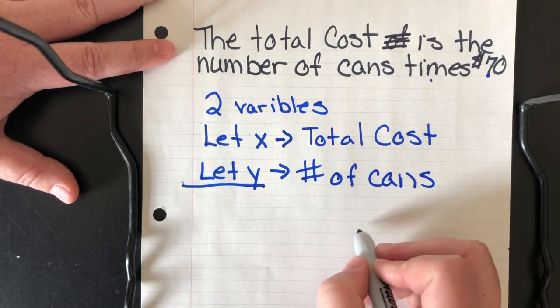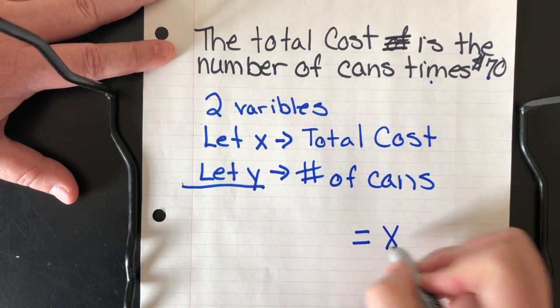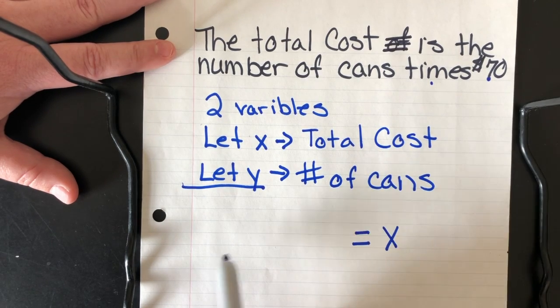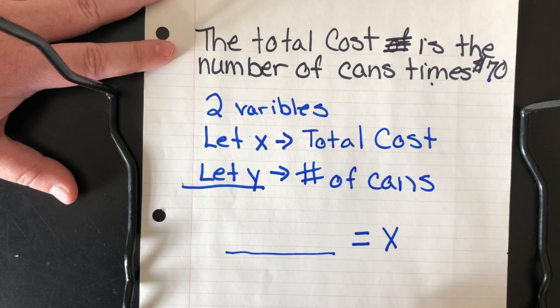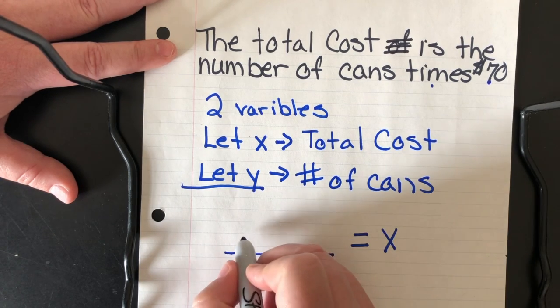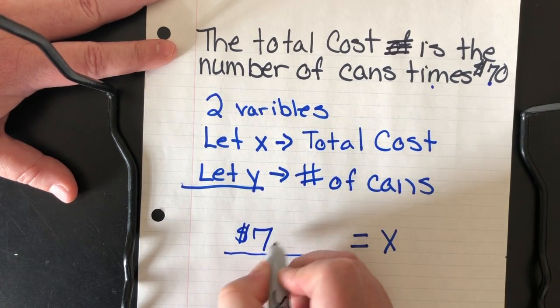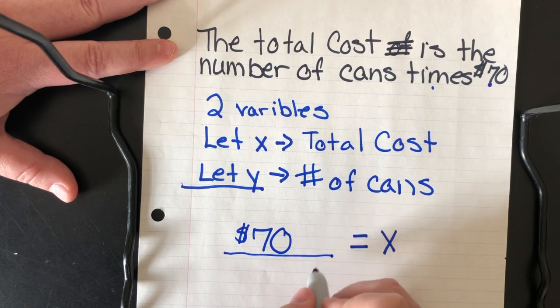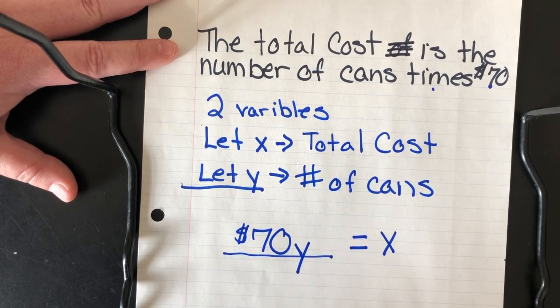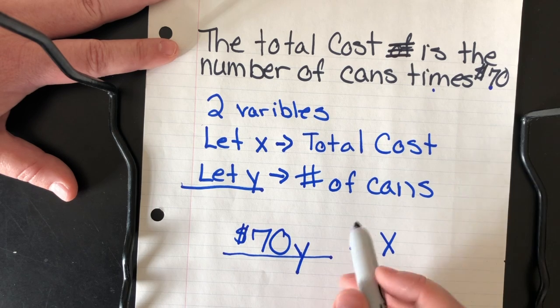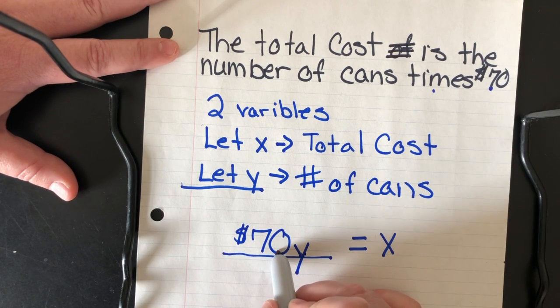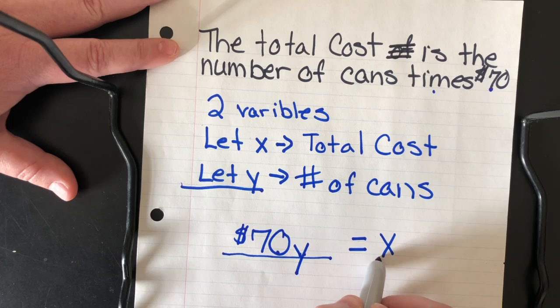So the total cost is the number of cans, that's y, times $70, and that's going to equal x, my total cost. So I'm going to do $70 times y, because that's the number of cans. So the cans times $70 is going to give me x.